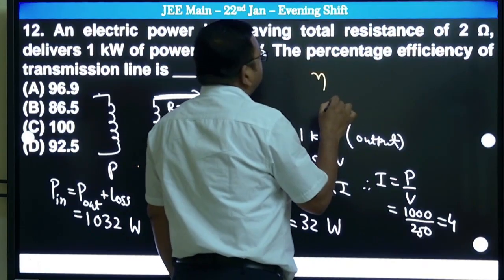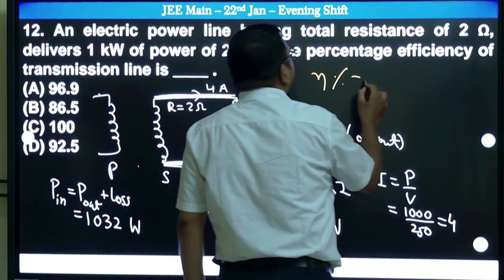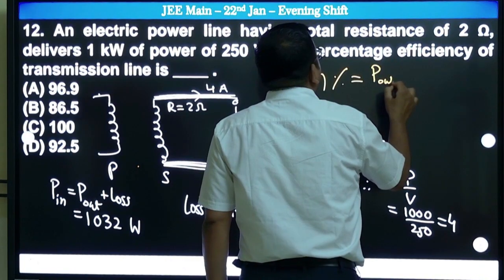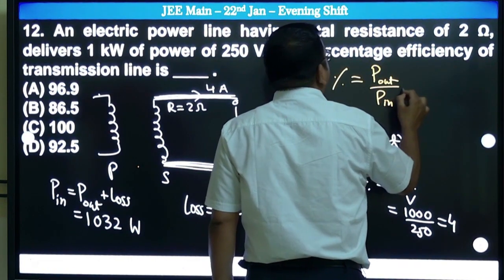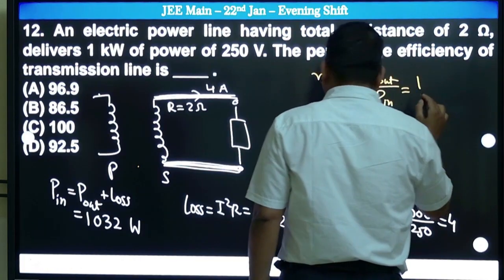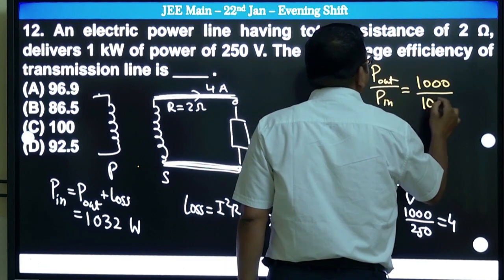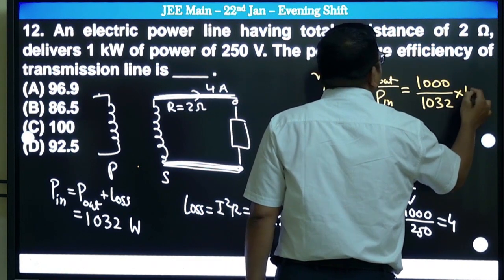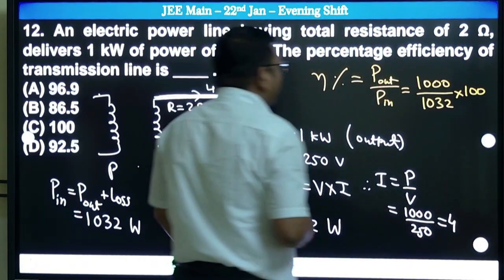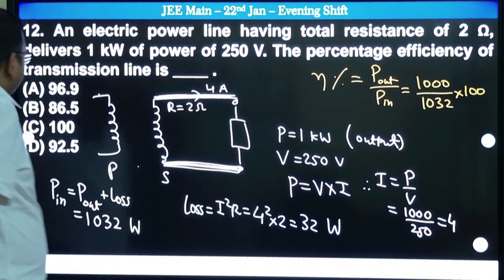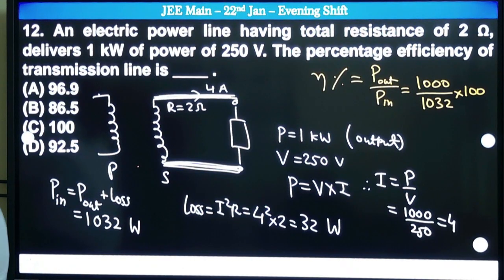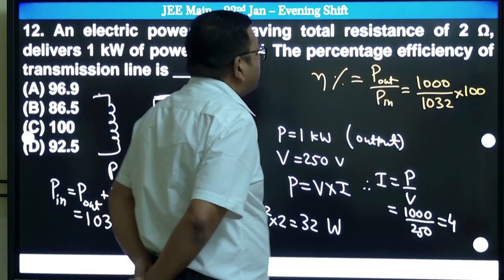Output is how much? 1000 by 1032 into 100. This you need to calculate.